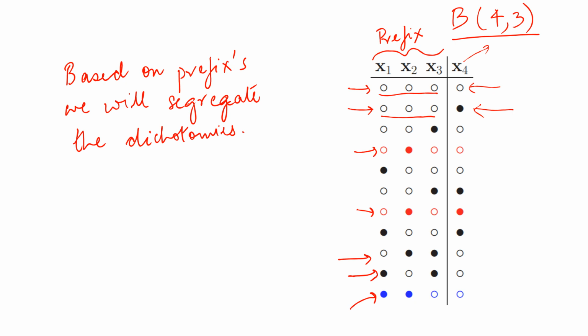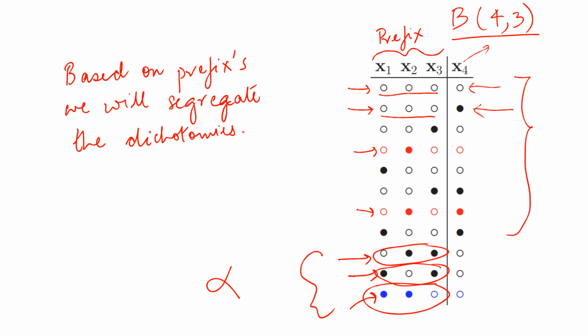Basically, we are calling all those dichotomies whose prefixes appeared once only, for example, this one and this one and this one, alpha. So these are going to be my alphas, once only, and then the rest are going to be my betas.